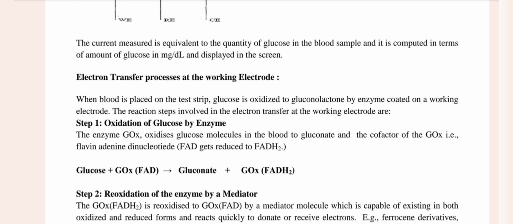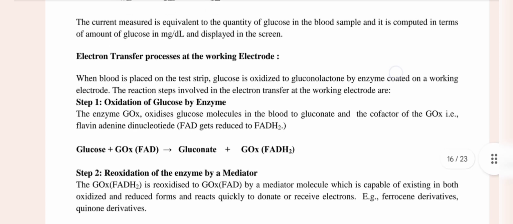So by reaction with the glucose, glucose undergoes oxidation, and GOX-FAD undergoes reduction. So glucose plus GOX-FAD gives gluconate, the oxidized form of glucose, and GOX-FAD undergoes reduction to form GOX-FADH2. FAD gets reduced to FADH2.